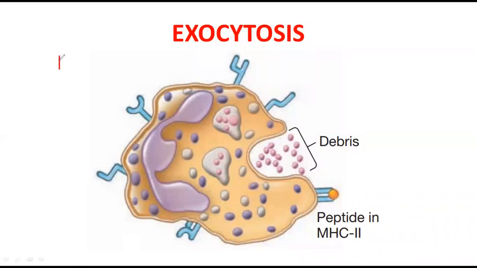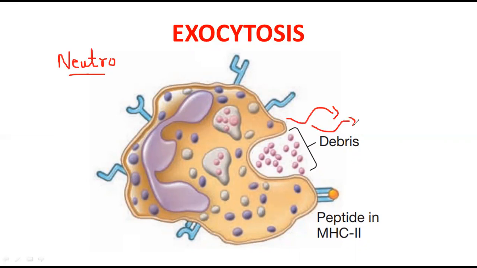In the case of neutrophils, just in the case of neutrophils, what do neutrophils do? They are not as professional phagocytes as macrophages and dendritic cells. They simply destroy the microorganism, convert it into small pieces, and directly release it into the environment, into the bloodstream.